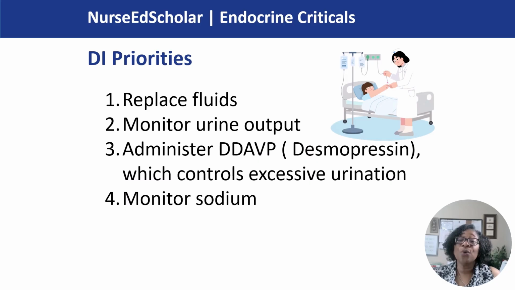You're going to monitor the sodium because, with the patient being severely dehydrated, they're going to have hypernatremia. And as you're giving them fluids, you're going to monitor the sodium because sometimes we can give them too much, and now we're going from hypernatremia to hyponatremia. So it's going to be very important for you to monitor those sodium levels.